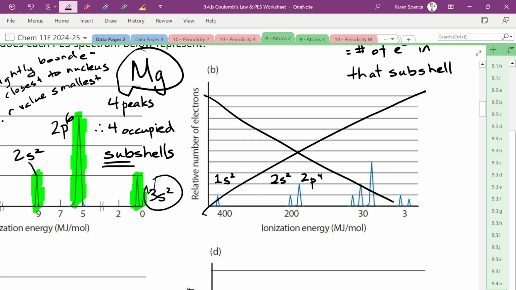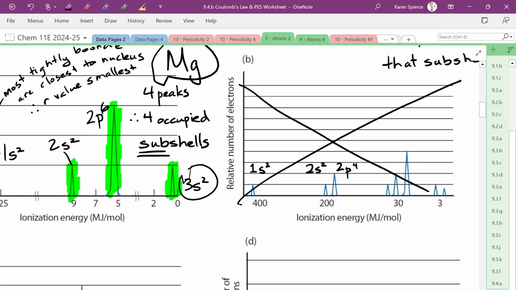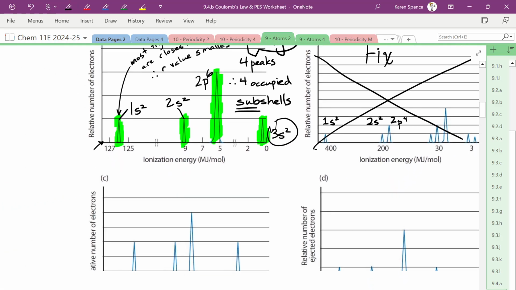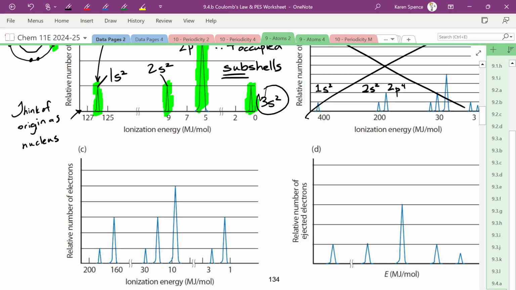Okay, let's try the third one then. I need to fix this. Fix. Yeah, and I need to fix this one because it's missing its 1s subshell. Oh my God, okay. But let's just assume that this is our 2s and our 1s is over here somewhere.